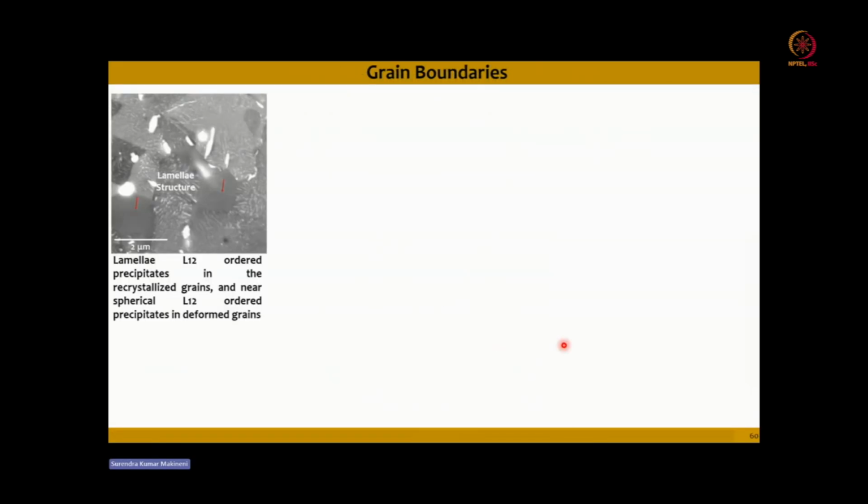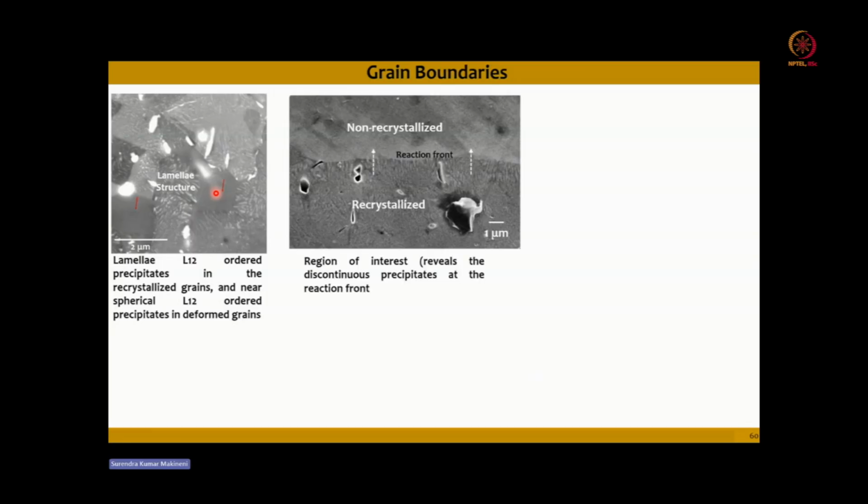The lamellar structure is due to the movement of the grain boundary, and it happens due to discontinuous precipitation during the movement of the grain boundary. And there are also non-recrystallized grains. As the recrystallized grain boundary moves further, this lamellar structure develops. This is typically discontinuous precipitation.